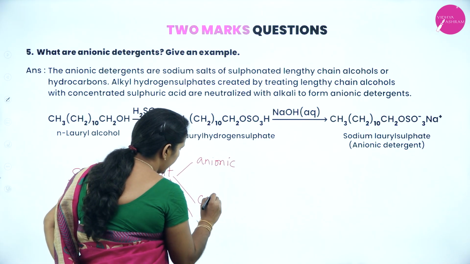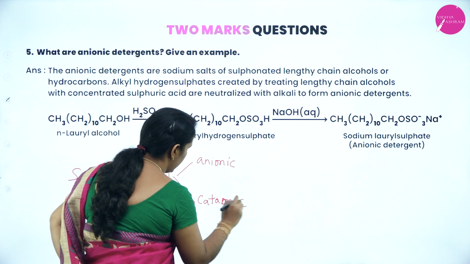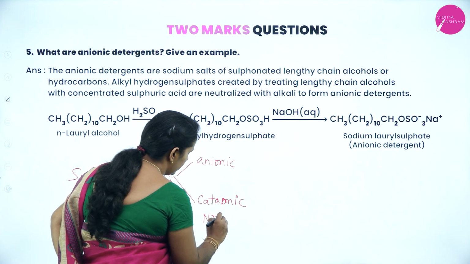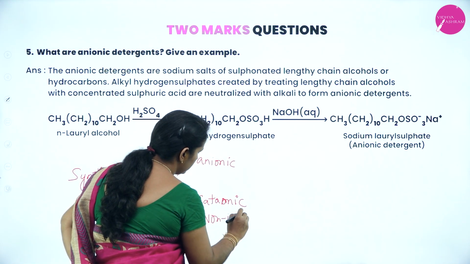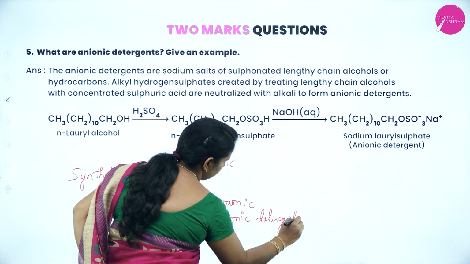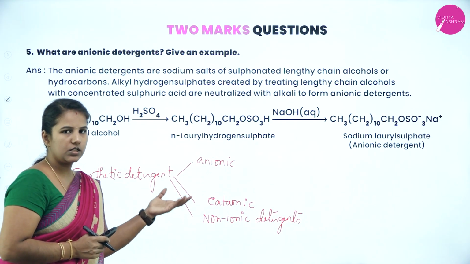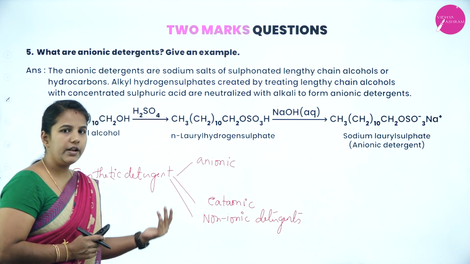Next is cationic detergent. Last one is non-ionic detergent. So synthetic detergents are of 3 types: cationic, anionic and non-ionic.